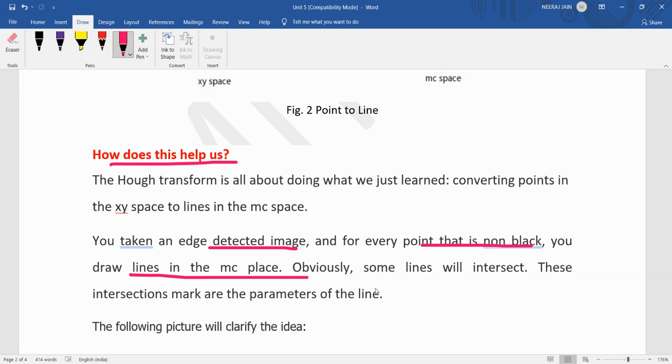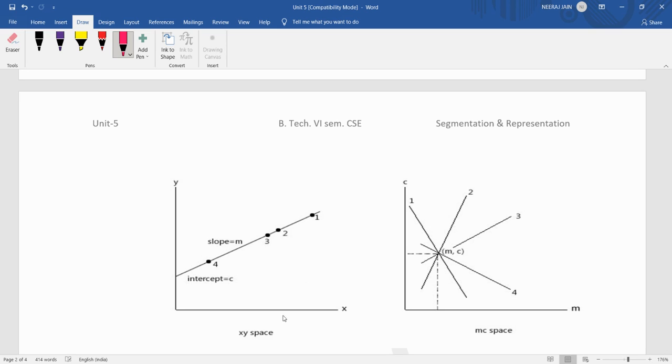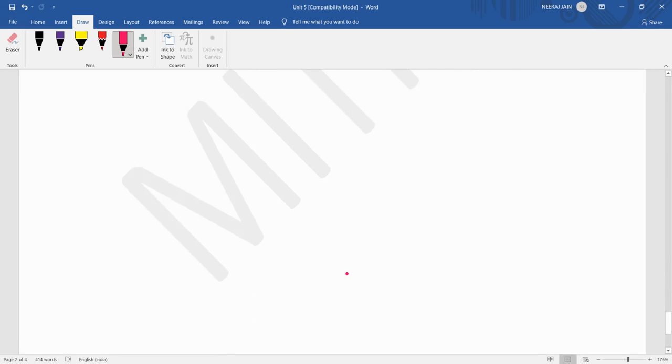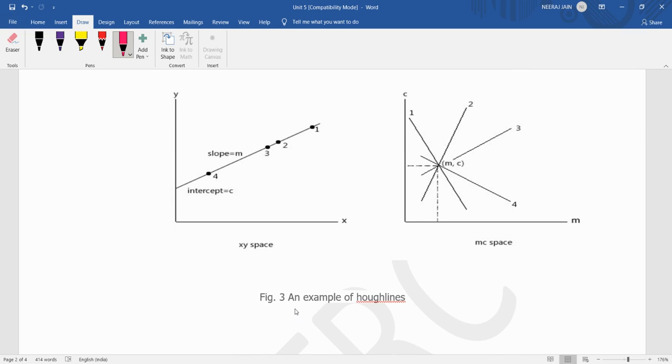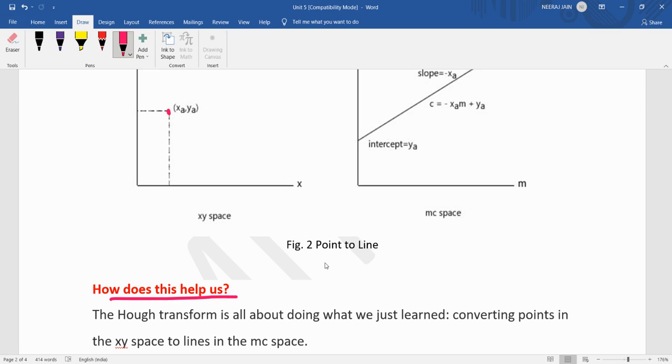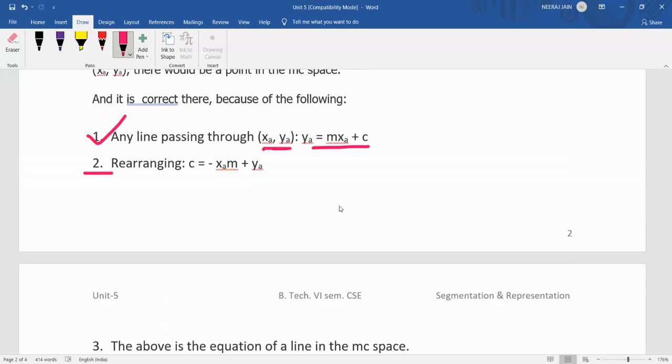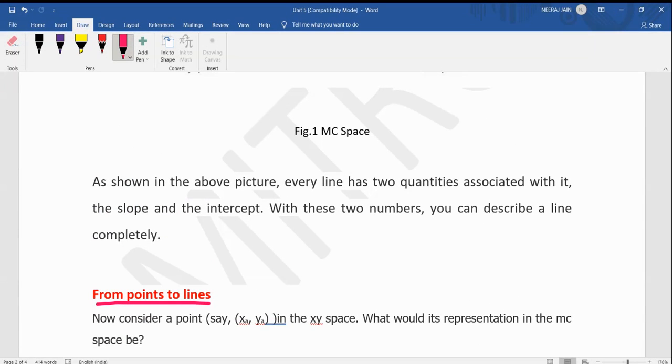Obviously some lines will intersect. These intersections mark the parameters of the line. The following points will clarify the idea. Suppose in the xy space there is a line, and these are the different points that are passing through it. In this manner, we see that unknown lines and hidden images can be detected with the technique of the Hough transform. Okay, thank you.